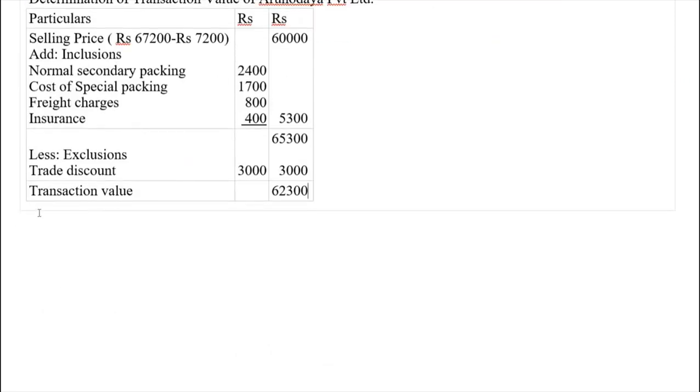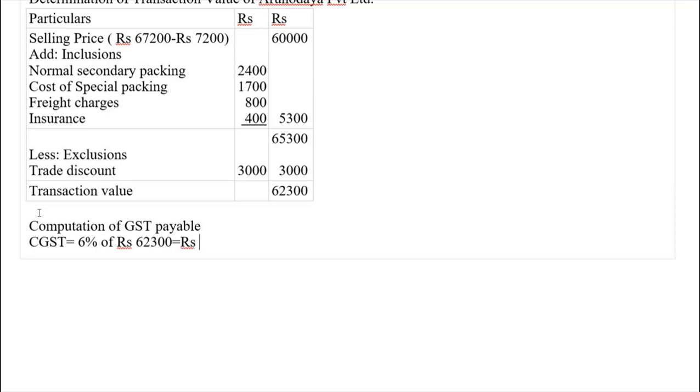Then we should compute the GST payable here. So computation of GST payable. CGST equals, so the rate of GST is 12% here. So 6% of rupees 62,300 equals rupees 3,738.